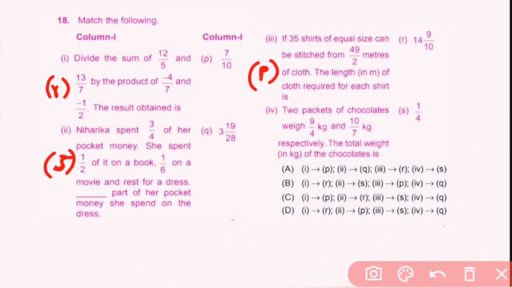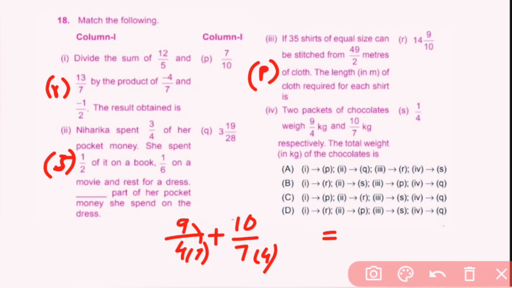Option 4. 2 packets of chocolates weigh 9 by 4 kg and 10 by 7 kg respectively. The total weight in kg of chocolate is. So we need to do addition of the weight of both chocolates. So here we multiply by 7, here by 4.